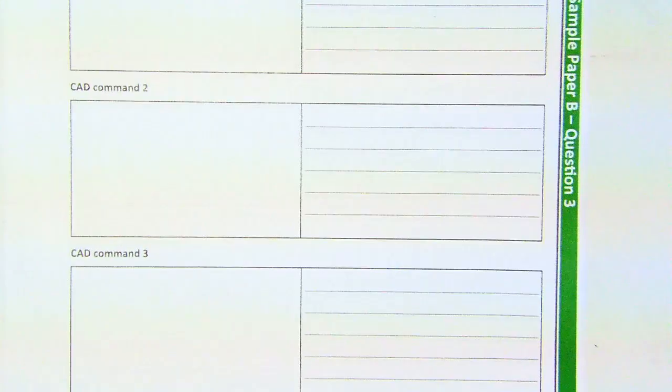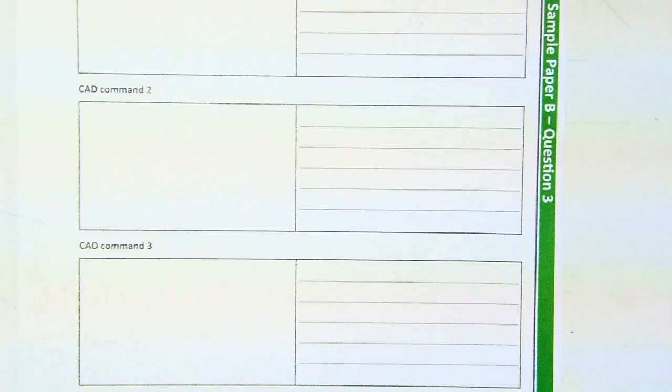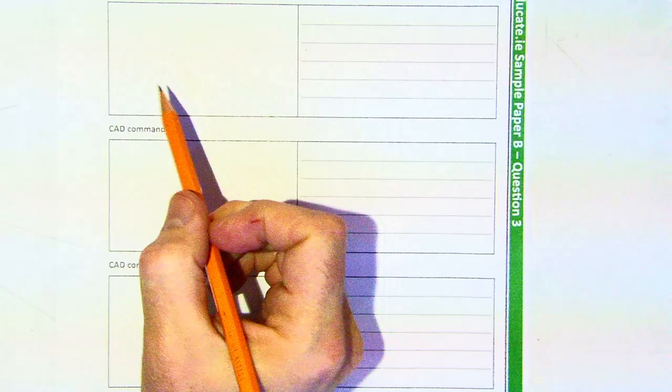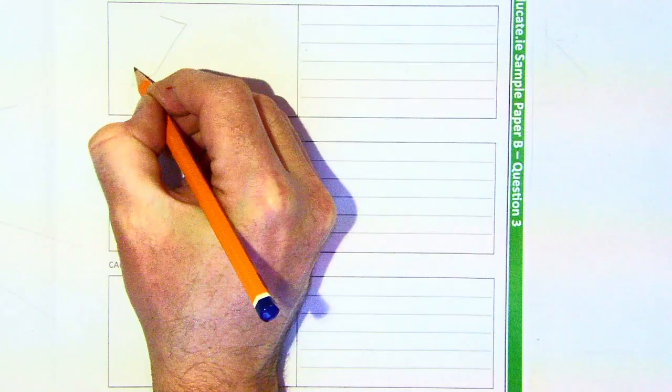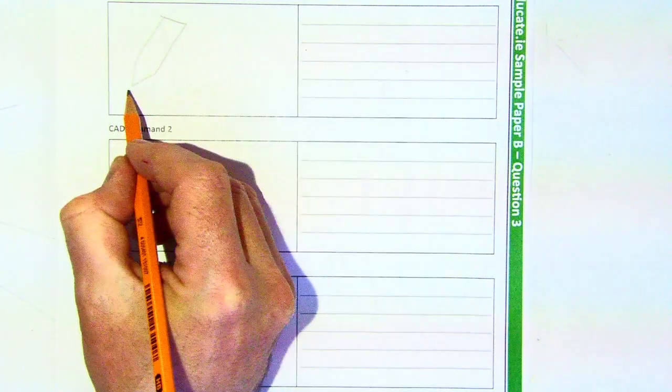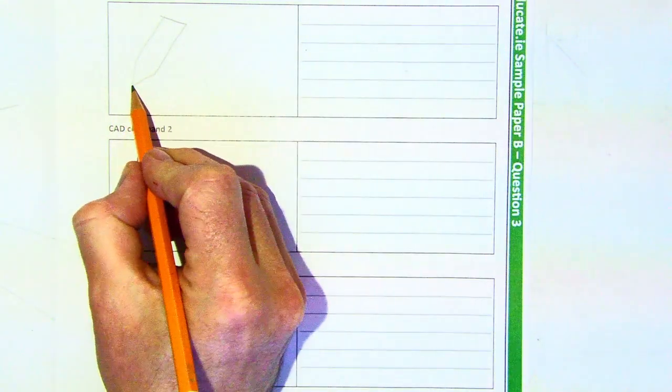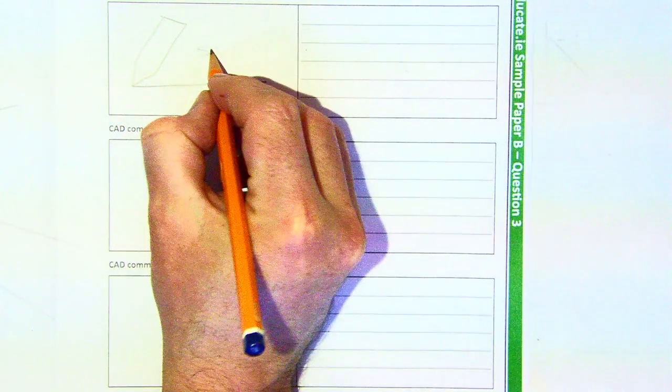So what I'm going to do down here now is sketch out. In Onshape, this is the little image that they use for sketch.